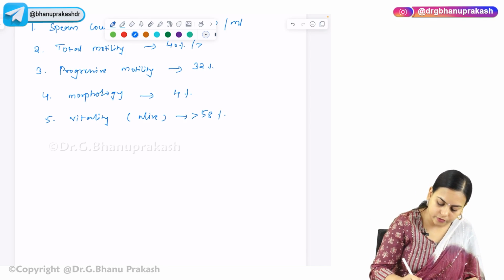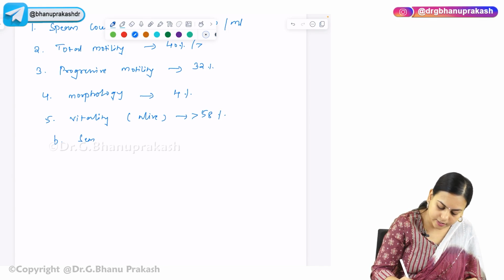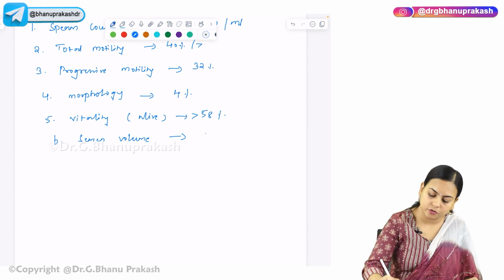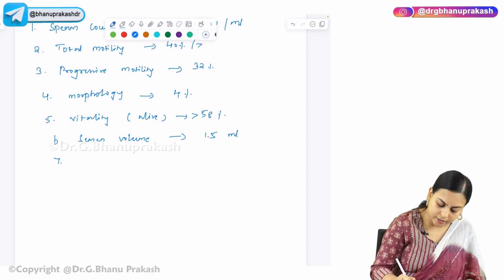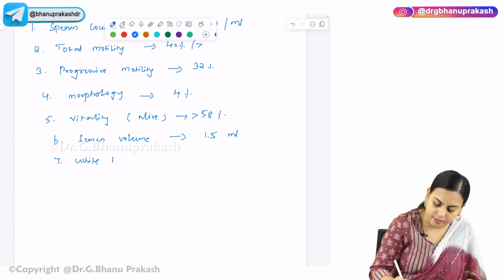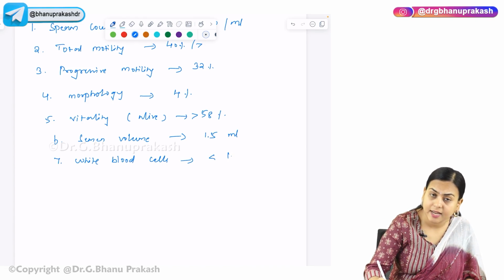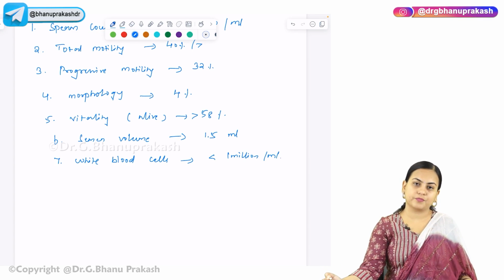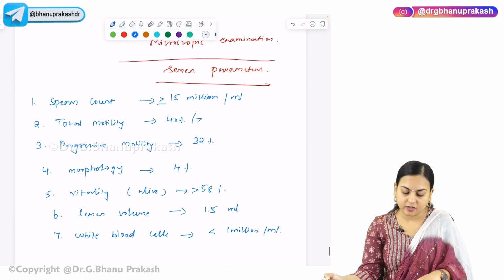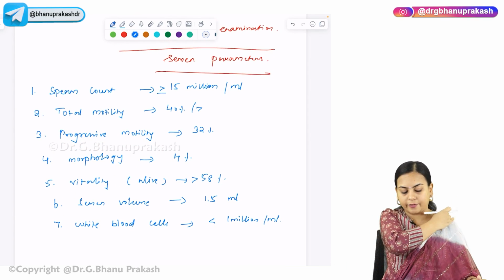And semen volume, the volume of semen obtained should be 1.5 milliliter or more. And then white blood cells should be less than 1 million per milliliter. Clear? So these are the 7 parameters you have to know.